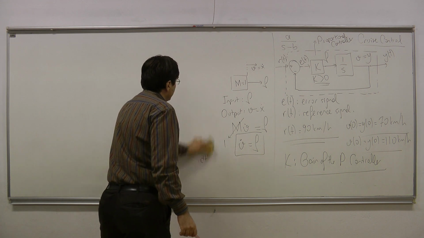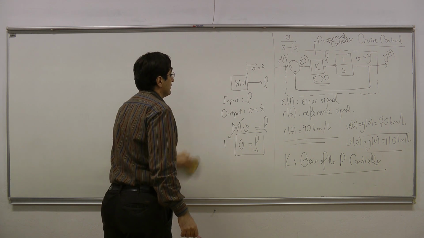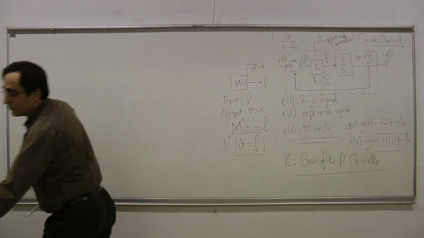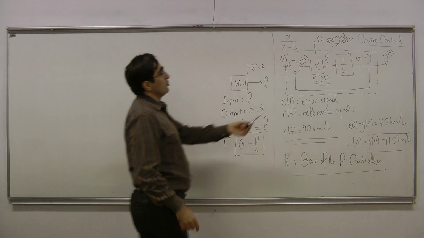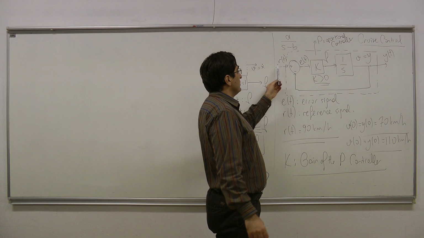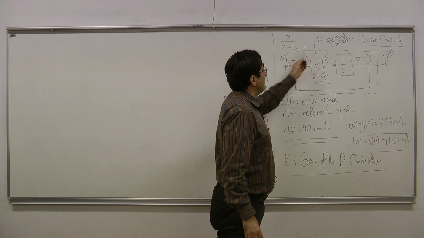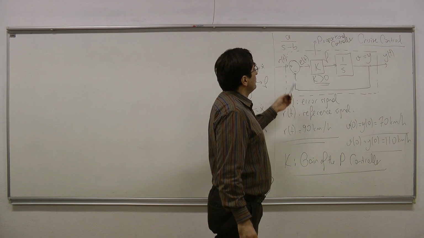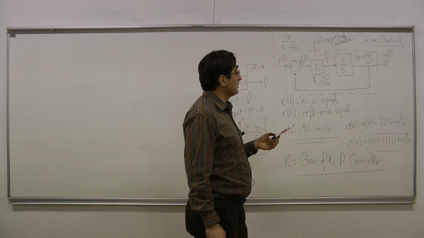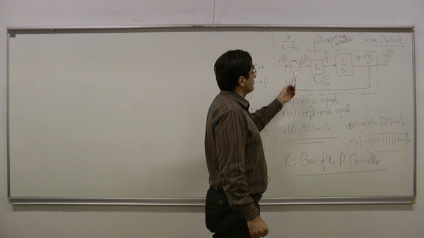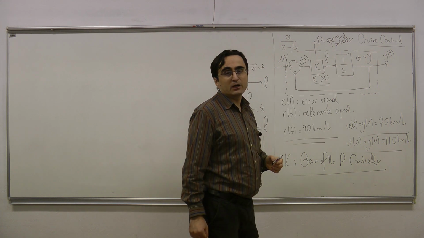So now, how can I examine such a system? I know that when I connect this feedback loop in this way, we get a new system. And then we will have a closed loop system which is going to have a transfer function equal to the transfer function of this feedback loop.